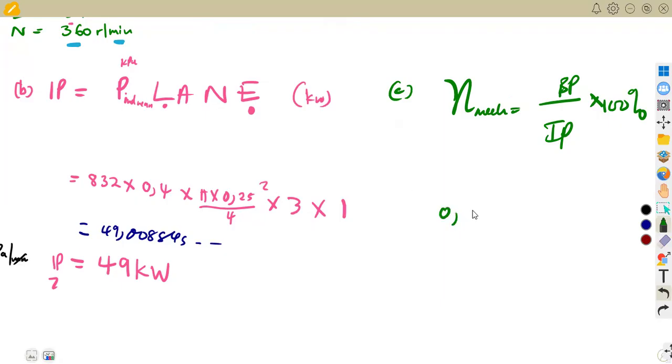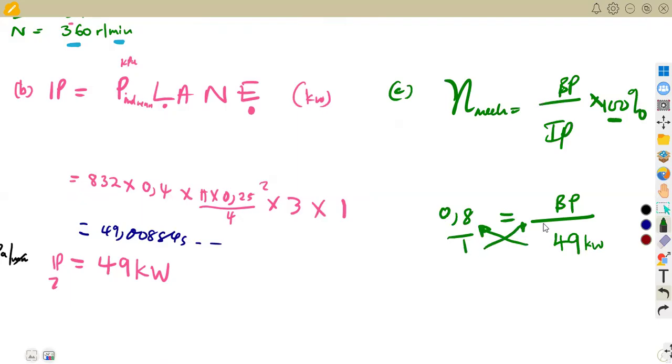So that's 0.8 if we remove the 100%, equal to the brake power that we need over the indicated power that we calculated, which is 49 kilowatts. So definitely our brake power is going to be in kilowatts.